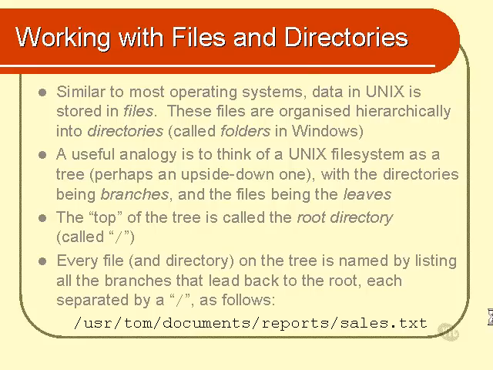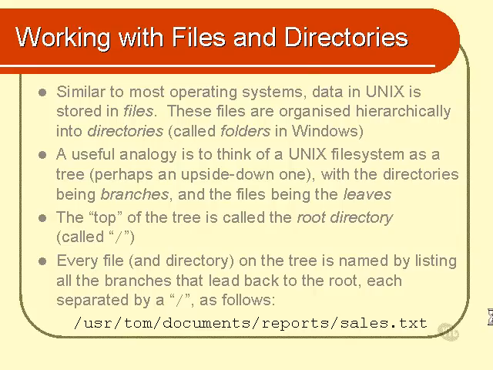We have a leaf or a file called sales.txt. That leaf is on a branch called reports, and that branch is on a larger branch called documents, and that branch is on a larger branch called Tom, and that branch is on a great big branch called usr or user, and that branch is on the root, the / at the beginning. Notice that we use the / to separate the names of each of the branches and the files.